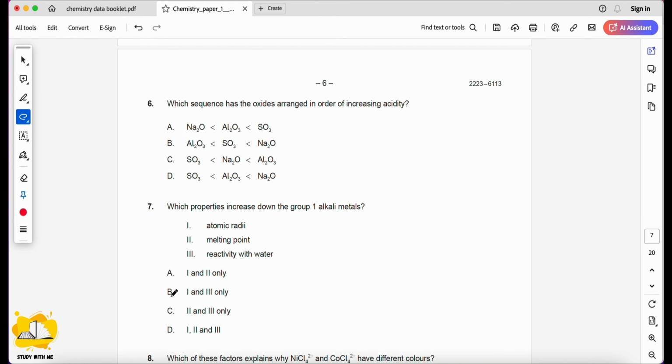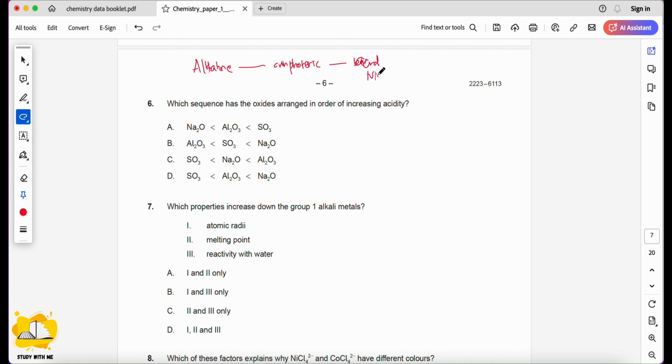Which sequence has the oxides arranged in order of increasing acidity? Okay, so it will start with alkaline in the periodic table, and then we move to amphoteric, and then we move to acid.